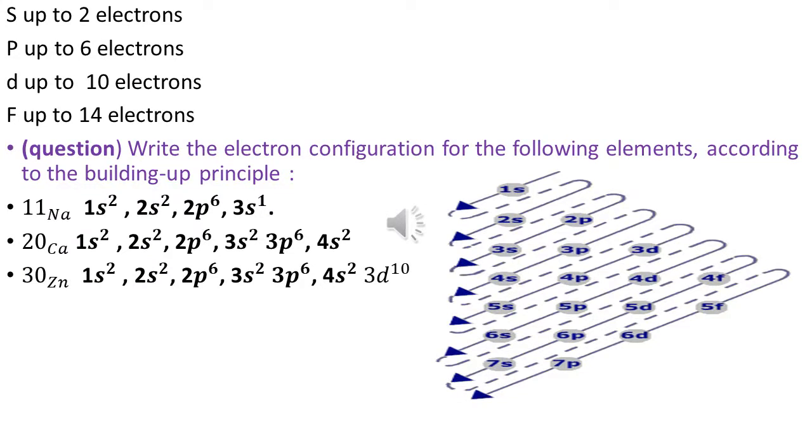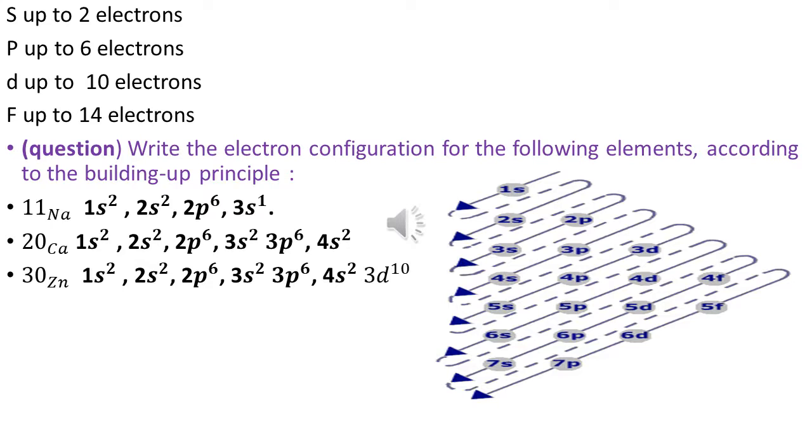S contains just one orbital, and we have a relation between the orbitals and the electron capacity. P has 3 orbitals, D 5 orbitals, F 7 orbitals. The number of orbitals times 2 equals the electron capacity.